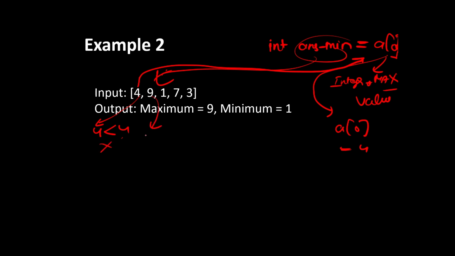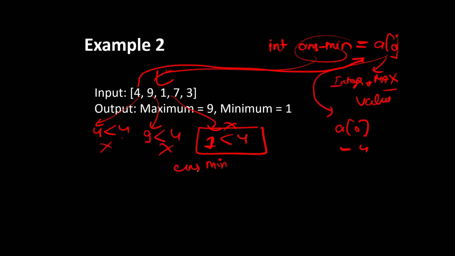Now we compare it with 9: 9 is less than 4? No, this condition is also false. Then we do it with 1: 1 is less than 4, so this condition is satisfied. Now we update our minimum value, answer min, to 1. After this, 7 is less than 1? No, so we do not update the minimum value. And similarly with 3.